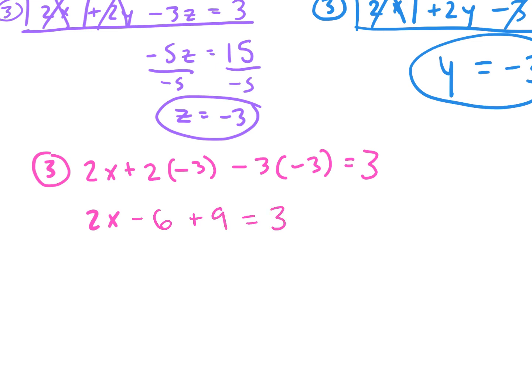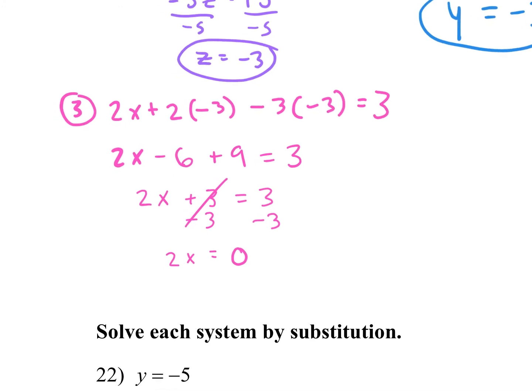What do I have to do first? What do I have to do next? Add. So it's negative 6 plus 9. 3. Subtract 3. What's 3 minus 3? 0. What do I do next? Divide by 2.